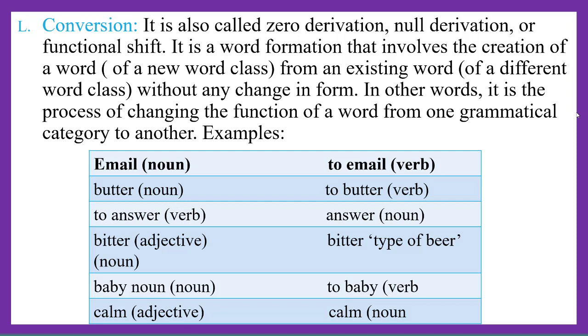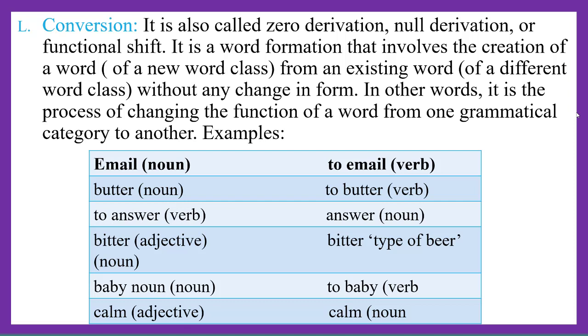So here we have "beta", which is a noun. We need to create, for example, a verb from this noun. We make "to beta". The same word can be a noun and a verb. Okay, just like editor, which is a noun, we created edit as a verb in back formation.